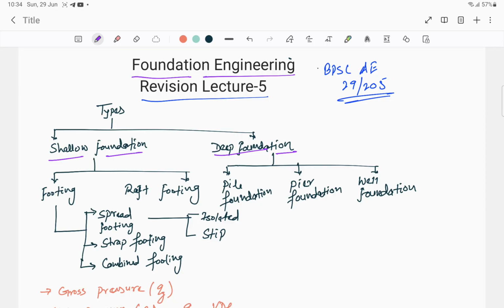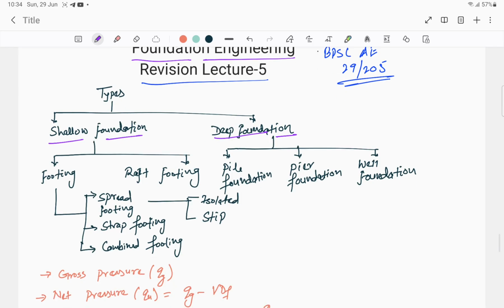Okay. So shallow foundation is basically classified into two types. One is called footing, in which there are so many types: spread footing, strap footing, combined footing, and the other classification of shallow foundation is called raft footing. In spread footing two types are there: one is isolated and the other is strip footing.